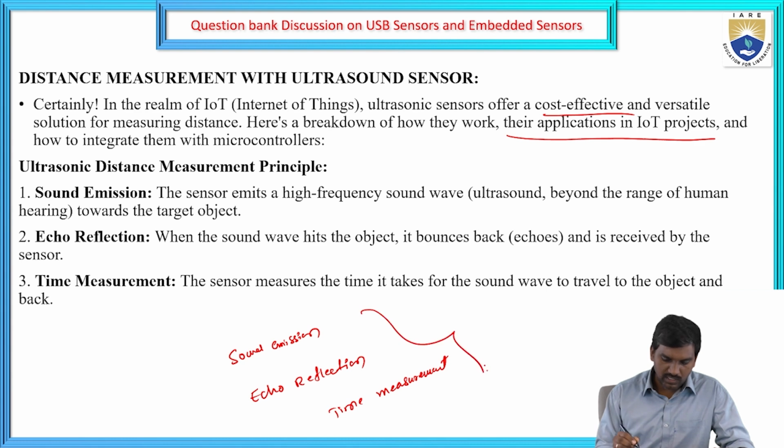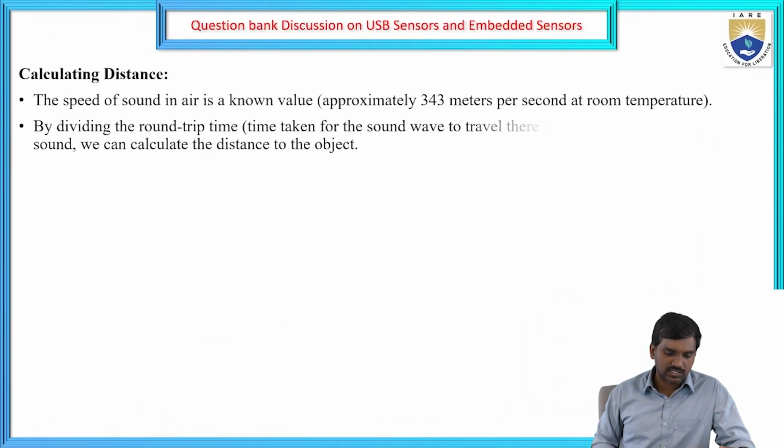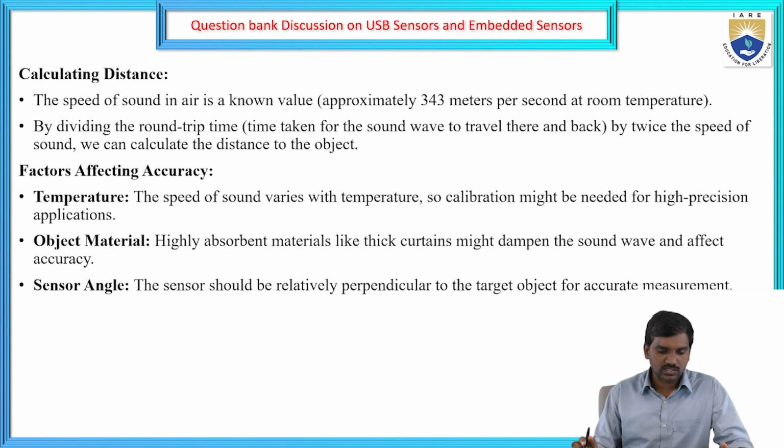So these are the three steps of the distance measurement principle: based on the sound, the echo from these audio signals, and time measurement. With the help of this, we calculate the distance. The speed of sound in air is a known value, approximately 343 meters per second at room temperature.